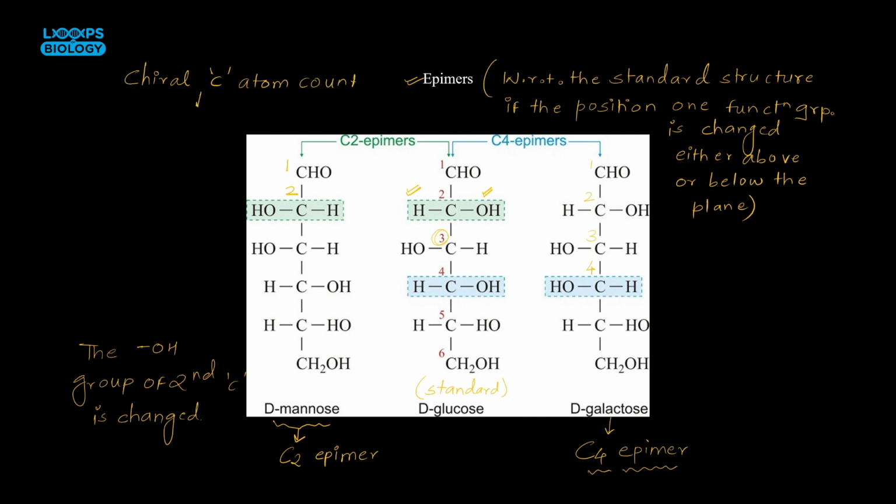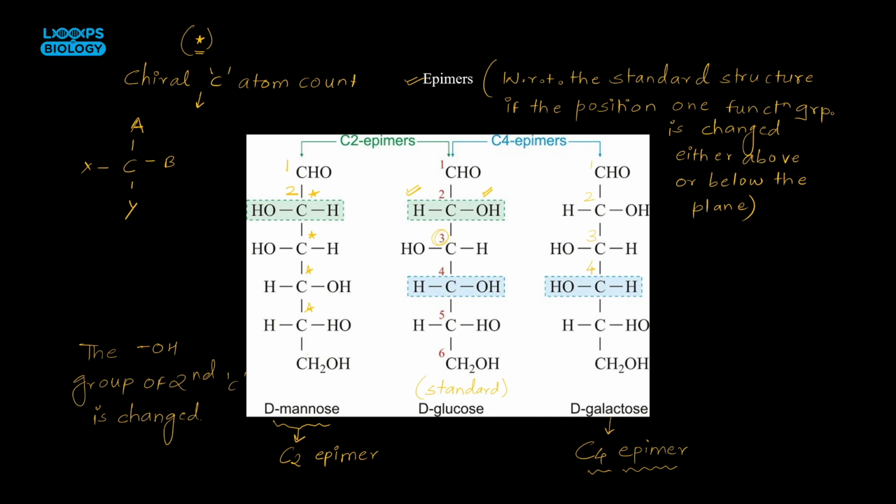Whenever I'm talking about chiral carbon, this means one carbon atom is attached to 4 different groups. If I'm talking about this structure, I can see that carbon number 2, 3, 4 and 5 are my chiral carbon atoms, and they are represented by an asterisk mark.